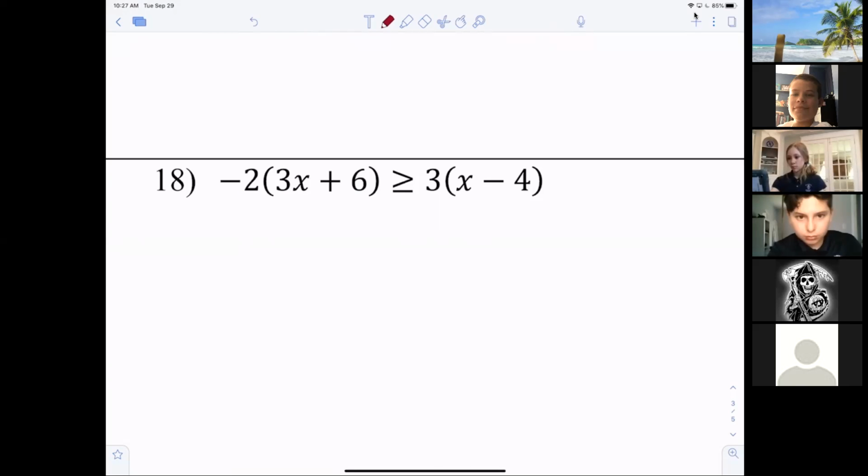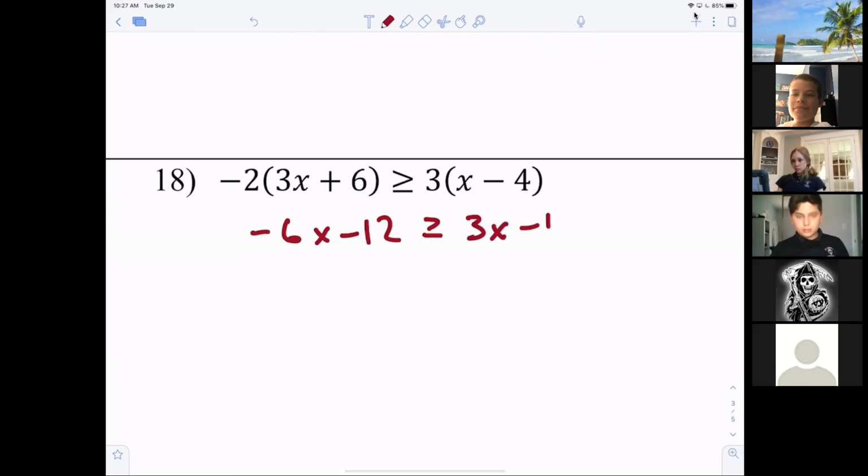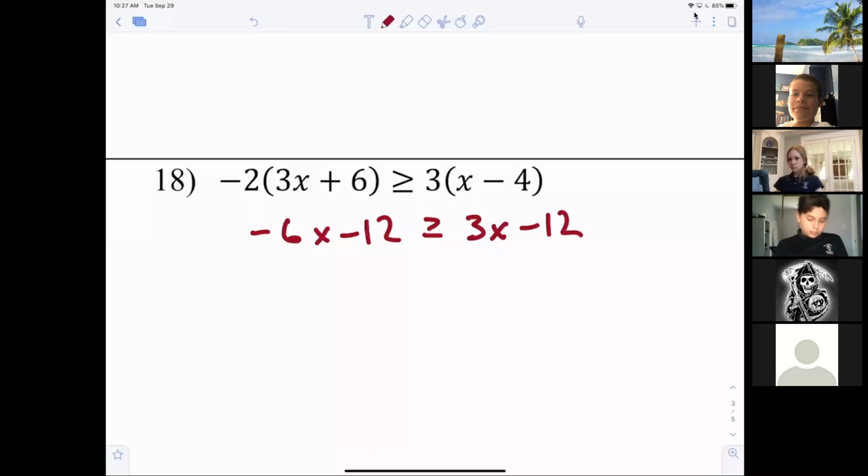Right, Miss Nelson? Negative 6x minus 12 greater than or equal to 3x minus 12. Subtracting 3x and adding 12. Negative 9x is greater than or equal to 0.